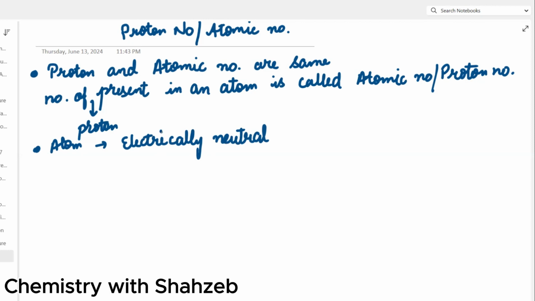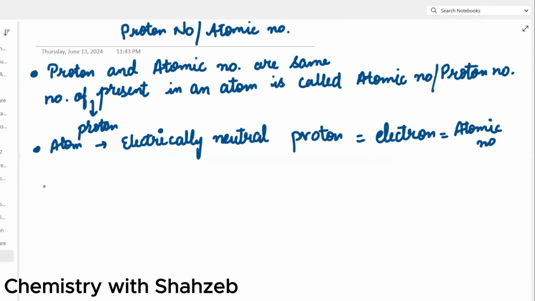So we know one thing here, that proton number is always equal to electron number if an atom is in neutral state, if it is not charged, meaning it has neither gained nor lost electrons. In that condition, the number of protons and the number of electrons would be the same. So in fact, the number of electrons also becomes equal to the atomic number.